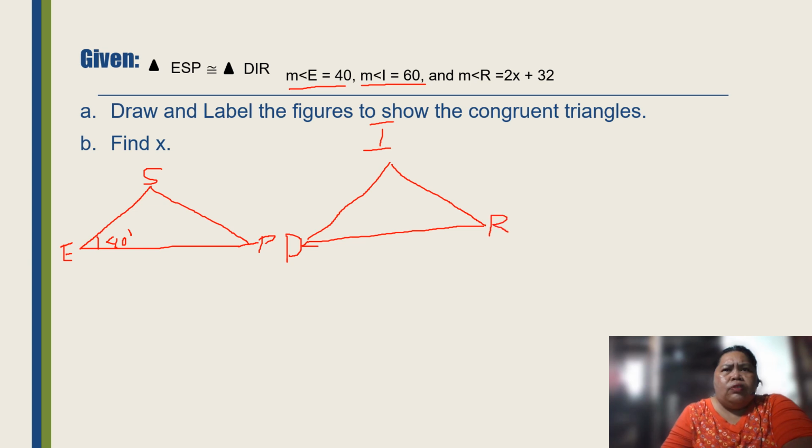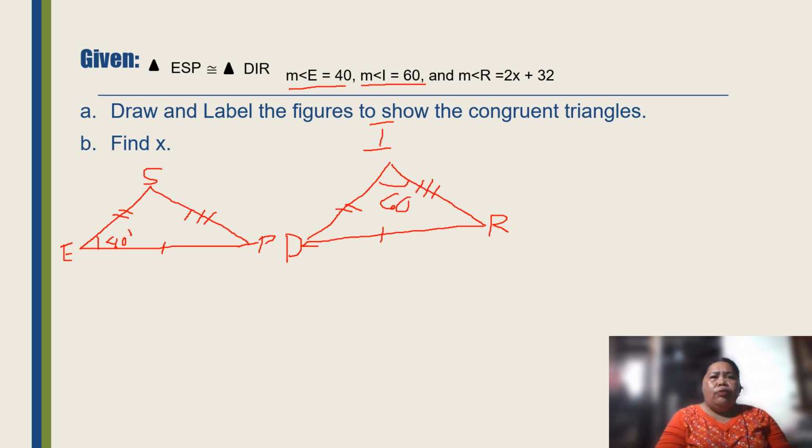If your measure of angle I is 60, probably we can find the measure of angle R. We can see here that they are congruent. That means ESP, their sides are congruent, right? So this one is also congruent, they correspond to each other. If this is 60, probably this is also 60.